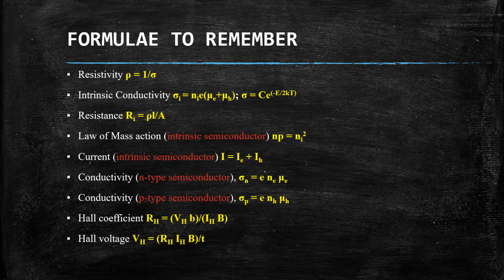The Hall voltage VH is given by RH IH B by t, where t stands for the thickness of the material. Finally, the Hall mobility is given by mu H equals RH sigma, where sigma stands for the conductivity of the material.